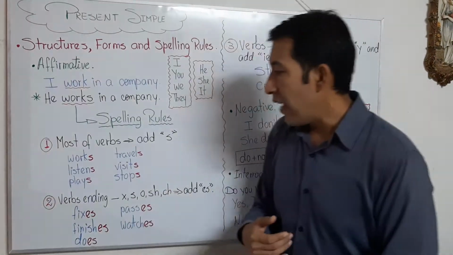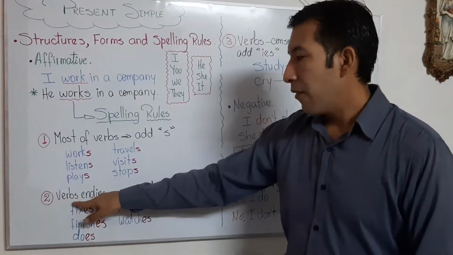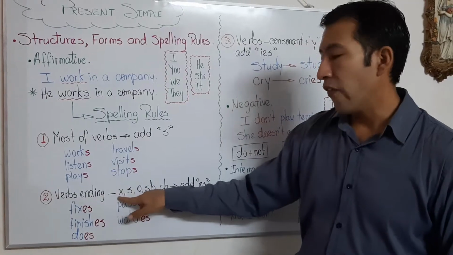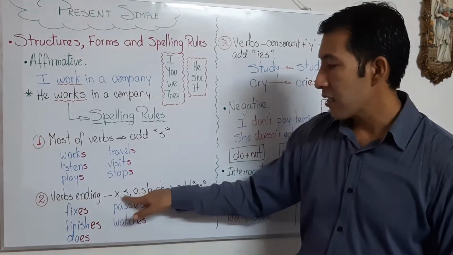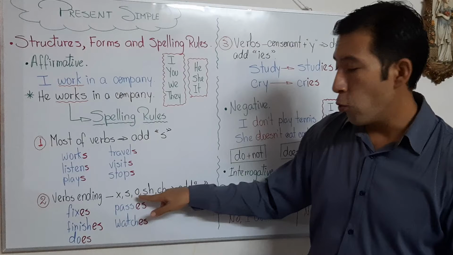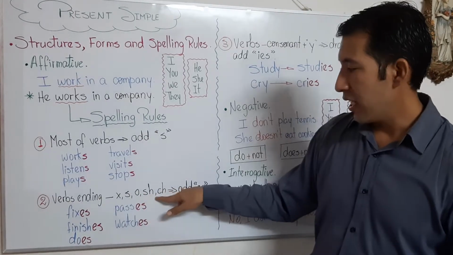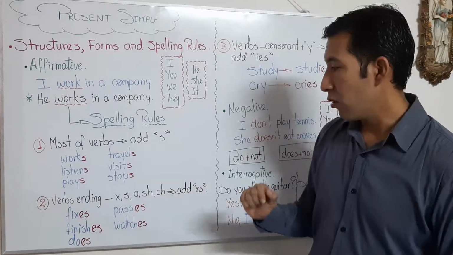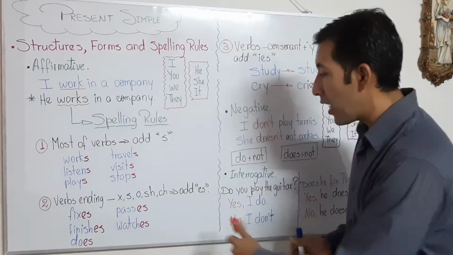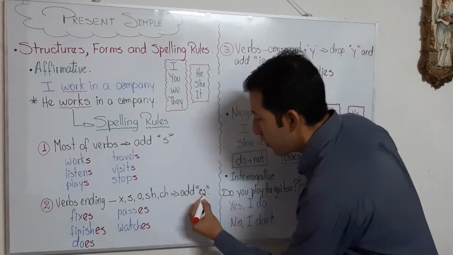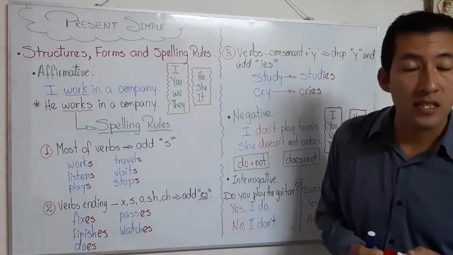Next, number two. Verbs ending in the letters X, S, O, SH, CH. What do we do? We add the letters ES.